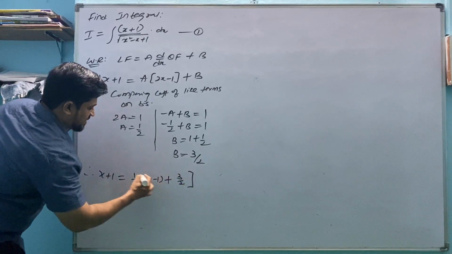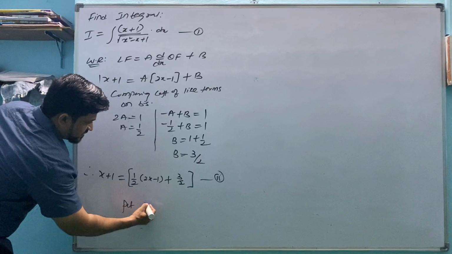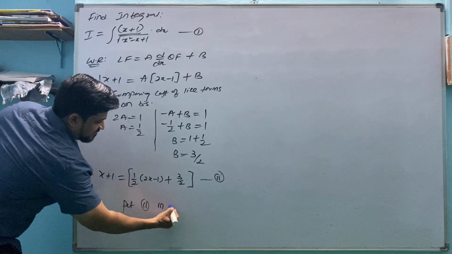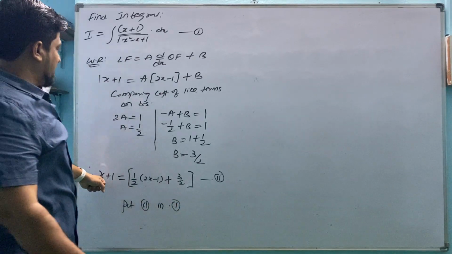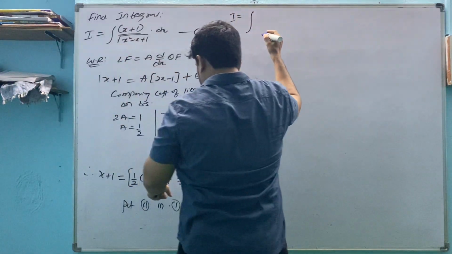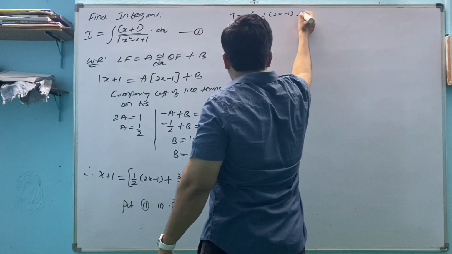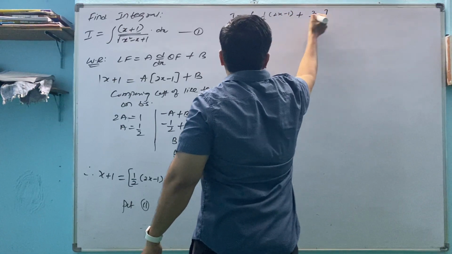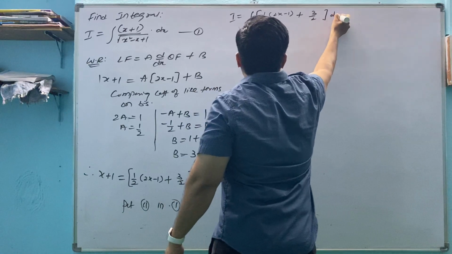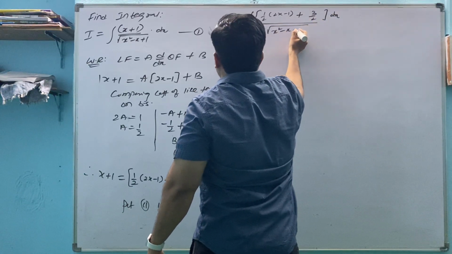Take this one in a square bracket and call it equation number 2. Now substitute whatever we have as the working rule in 1. So in place of x plus 1, this changes to integral 1 by 2 into 2x minus 1 plus 3 by 2, square bracket, dx, whole divided by root over x square minus x plus 1.